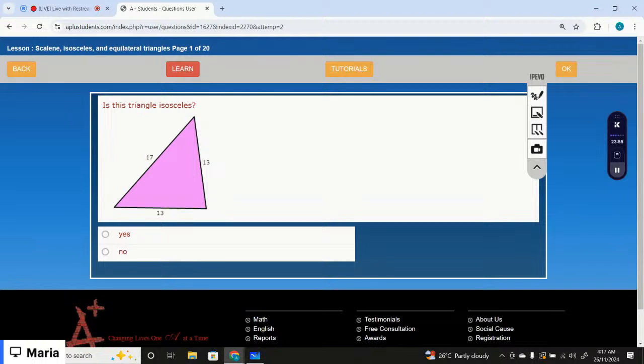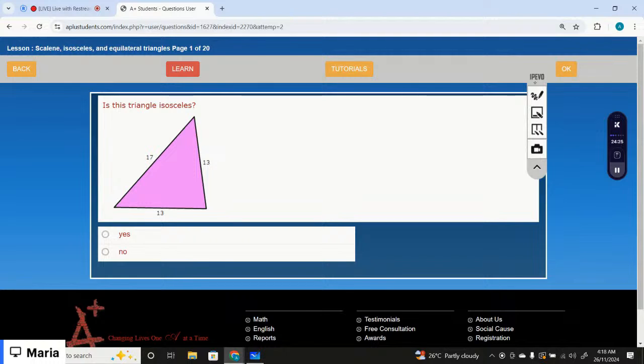Is this triangle isosceles? An equilateral triangle is the one that has all three sides equal in measurement.